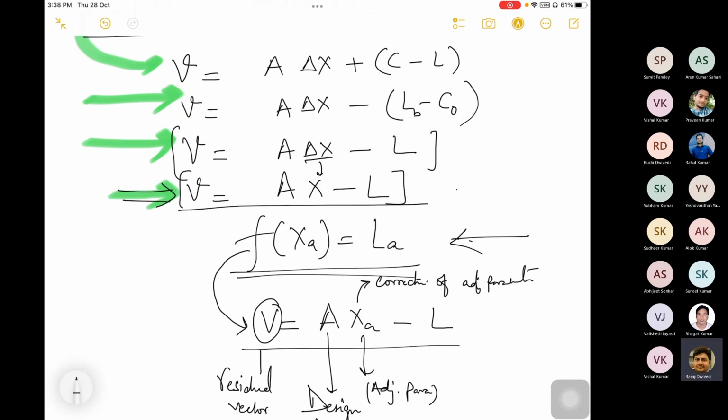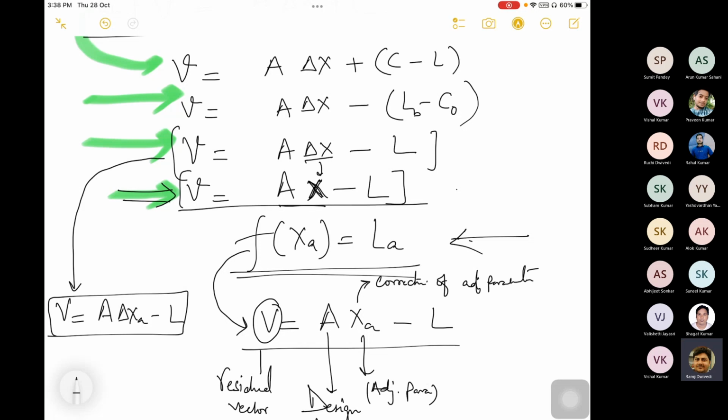Because in some of the literature, this step comes directly as this, but in some literature they would use x instead of delta x. But no need to worry, they all are the same. If you consider it as correction, you will go with delta x. If you directly choose the parameter, you will choose x. This L is somehow different, and it is called LB minus C naught.